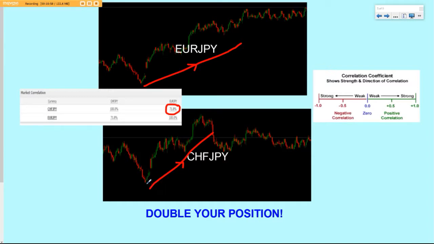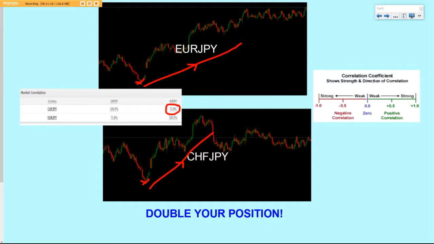Okay, so if I buy here, and I buy here, then basically I'm taking the same trade. Look, doubling up. If this goes down, then I'm losing twice, because both of them travel roughly in the same direction.